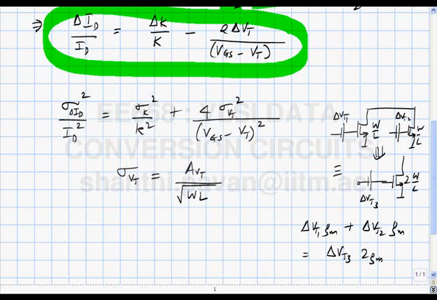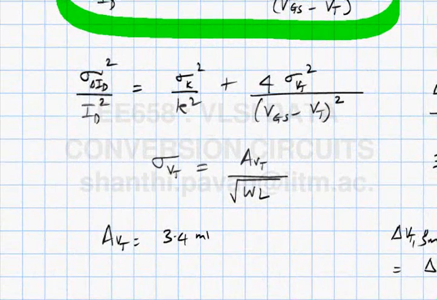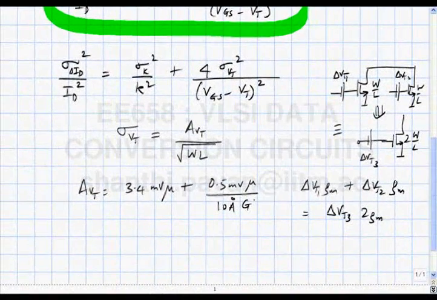This AVT, as I said, is a process dependent quantity, and empirically people have found that AVT is about 3.4 millivolt micron plus half a millivolt micron for every 10 angstroms of gate oxide.